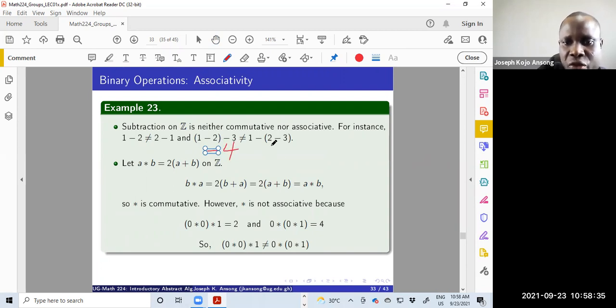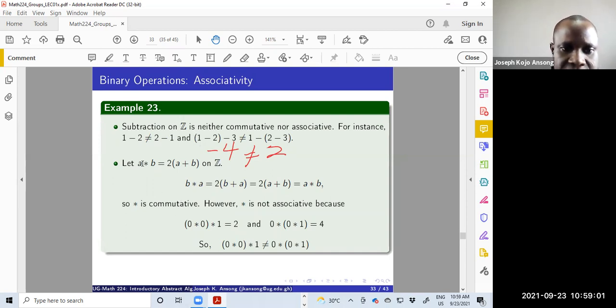And if you do 2 minus 3, that is -1. 1 minus -1 is 2. This gives you +2. They are not equal. You see that? So on the left-hand side, you have a -4. On the right-hand side, you have a +2. So because they are not equal, subtraction is not associative under the set of integers, okay?